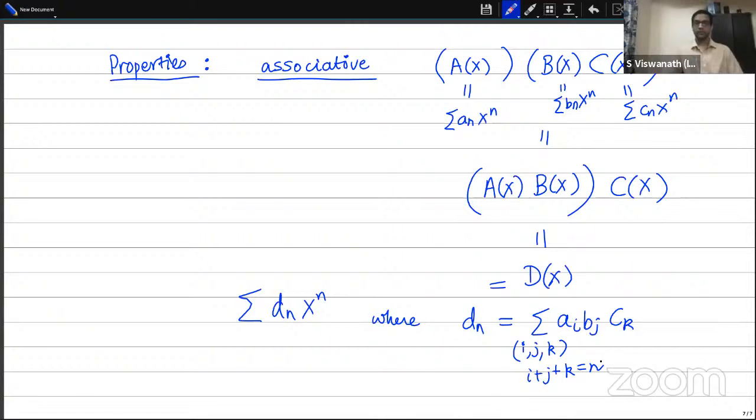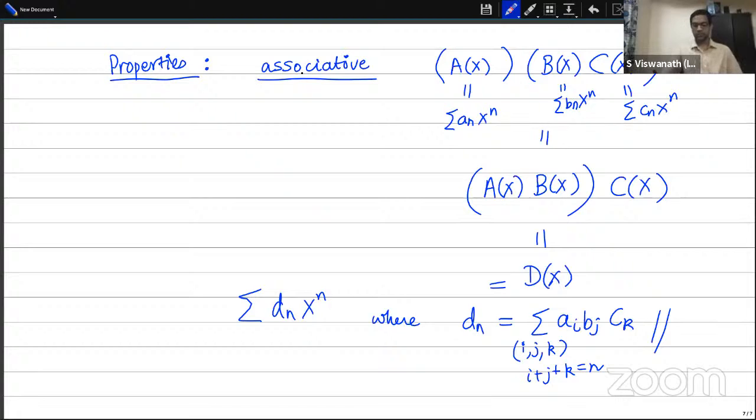Okay, when you do this, you'll find this is what you get. And this is now associative in the sense that you first do B, C and then you do it with A, or you do A, B and then C. In both cases, you'll end up with the same answer, and that's how you show associativity.